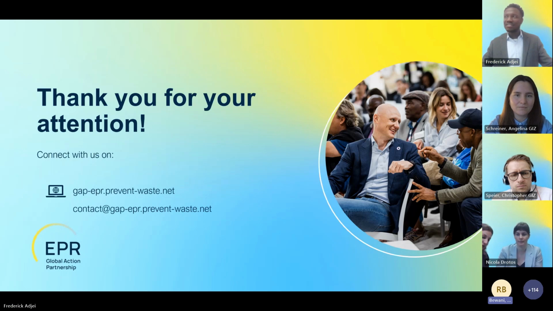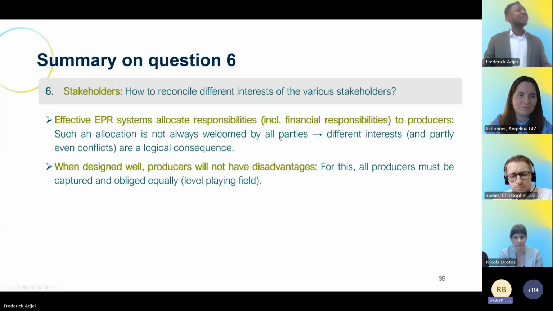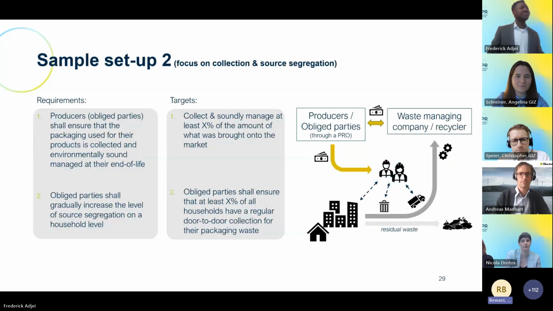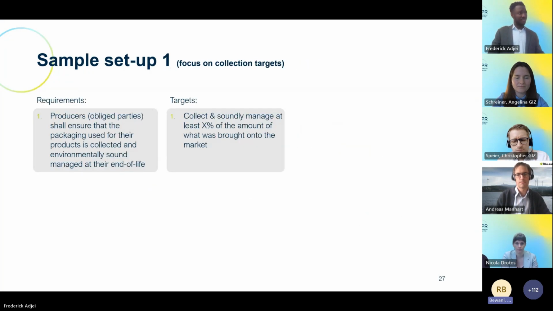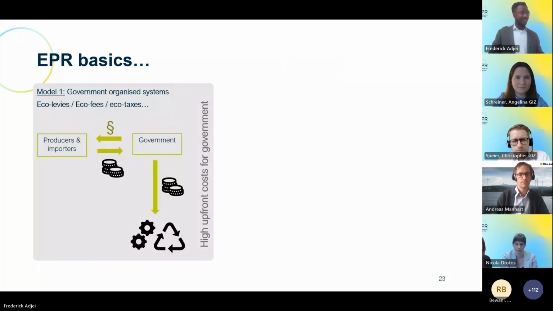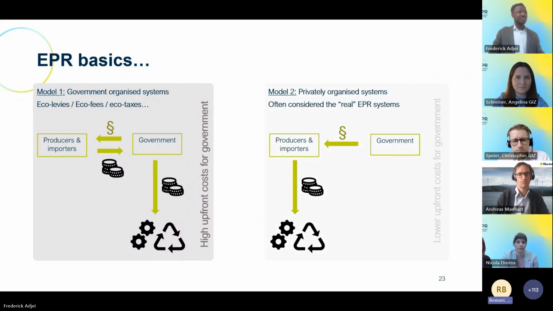You have shown two different models. One is where the government is responsible and organizing, and one was not before. Exactly, this one you had it exactly here. Where is the final disposal for waste?